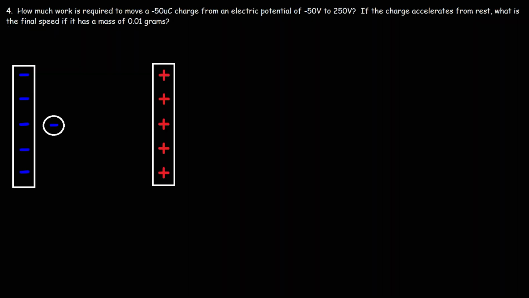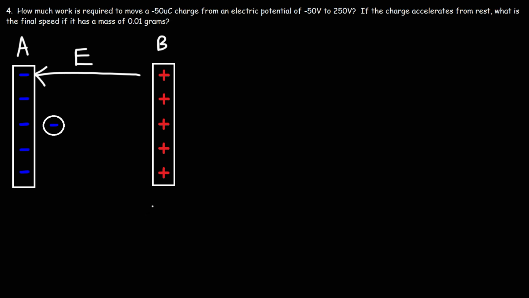Number 4. How much work is required to move a negative 50 microcoulomb charge from an electric potential of negative 50 volts to 250 volts? Let's call this point A, point B. So this time the electric field vector is going to be pointing towards the left, away from the positive charge towards the negatively charged plate.